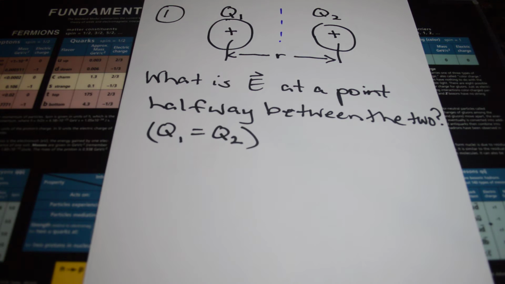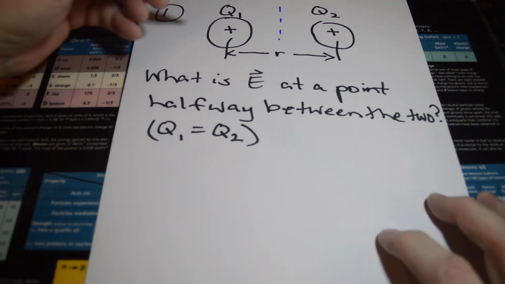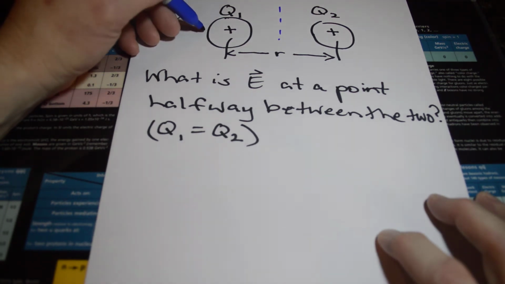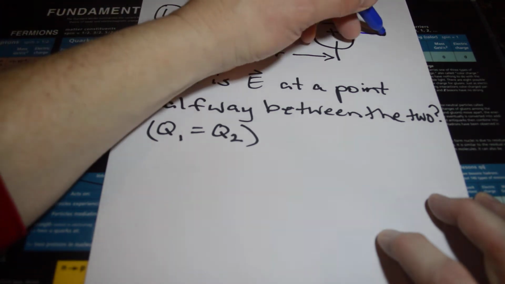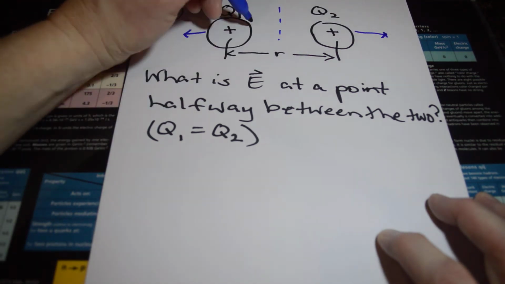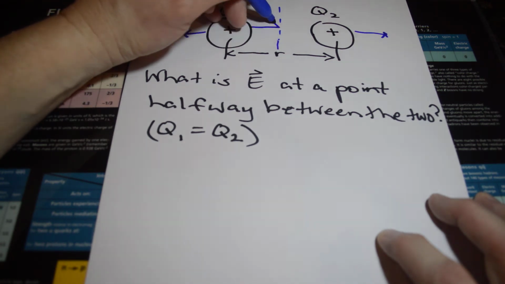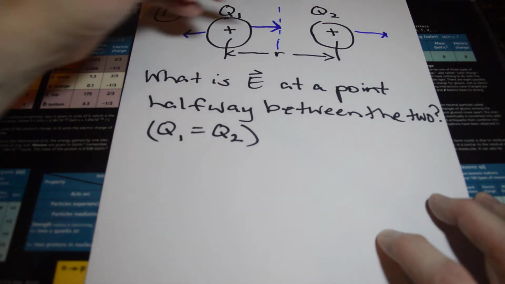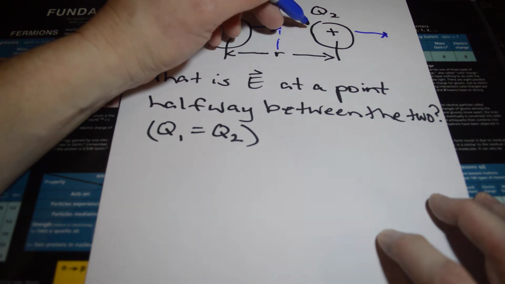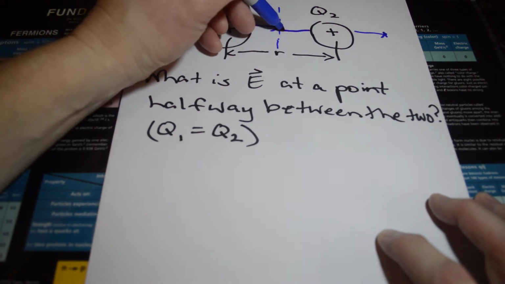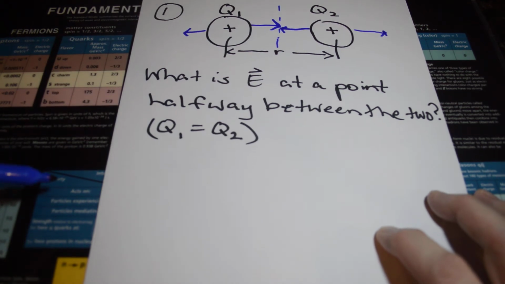If you take a look at it, this is a vector problem. The electric field is defined to be away from the positive and toward a negative. So at the halfway point, the one on the left has an electric field that is in that direction, whereas the positive on this side, Q2, has an electric field in the opposite direction.